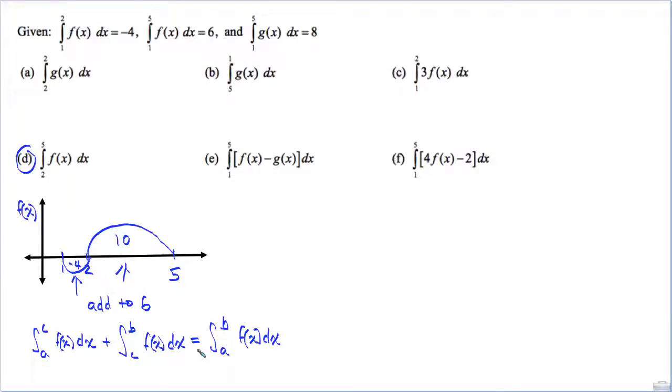So how do I use this rule to solve this problem? To use this rule, you're basically saying that from 2 to 5 would be like one of these, replacing these a little bit.